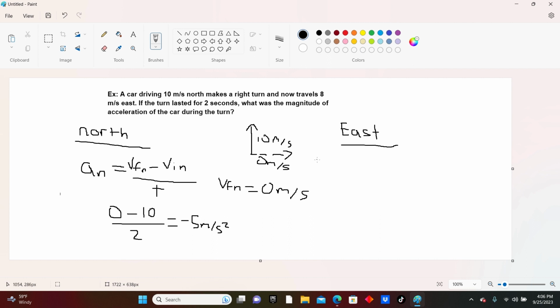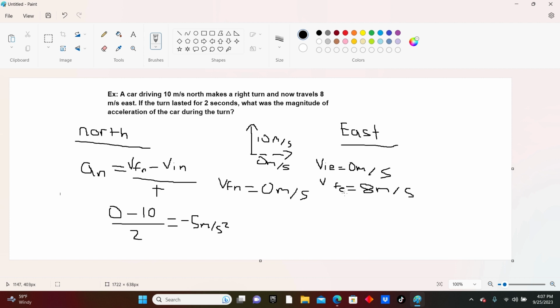So our initial velocity in the east direction is 0 meters per second, and our final velocity is just 8 meters per second.